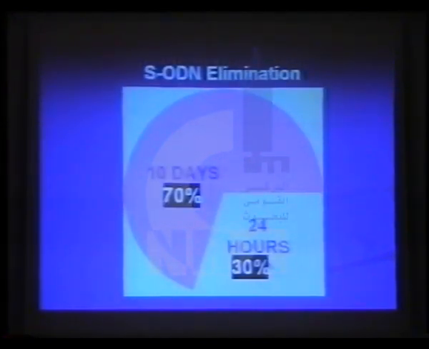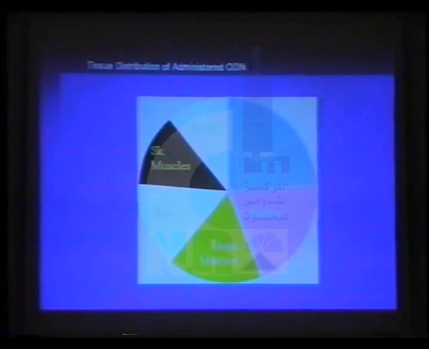As far as elimination of these compounds, in the first 24 hours, 30% will be eliminated, and 70% will take 10 days to be eliminated. Tissue distribution of the compound was fairly equal between the different tissues.